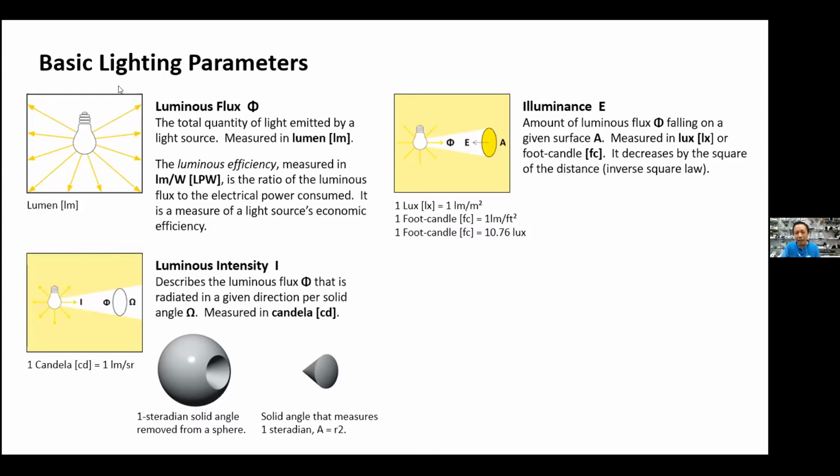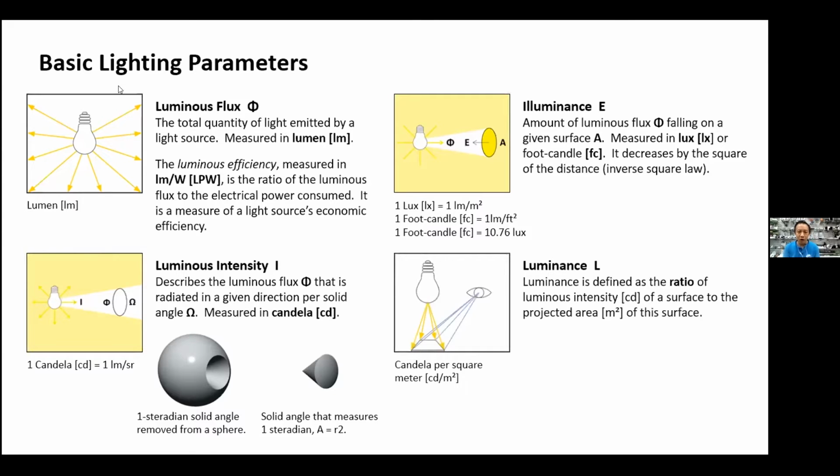Okay, so this term lumens, lux, foot candle, ito madalas may encounter nyo sa field. Dito sa Philippines, mas gamit yung lux. Okay, luminance. Luminance is defined as the ratio, take note the ratio of the luminous intensity, which is in candela, of a surface to the projected area, square meter of the surface.